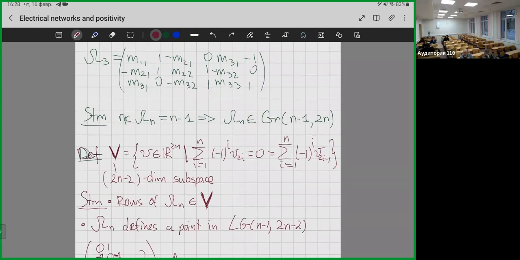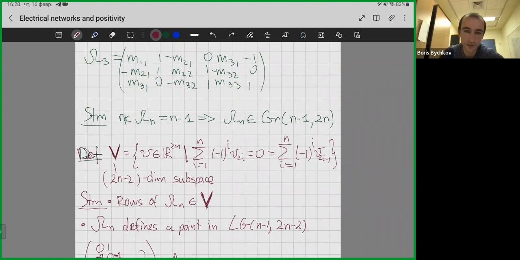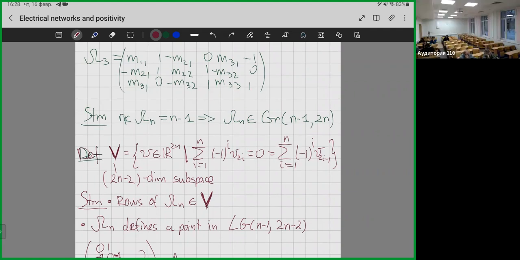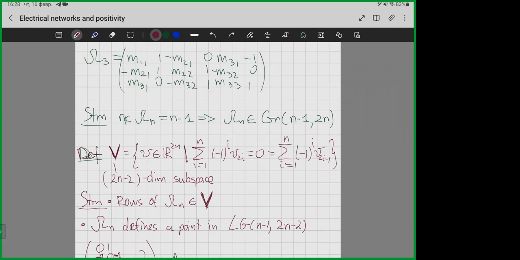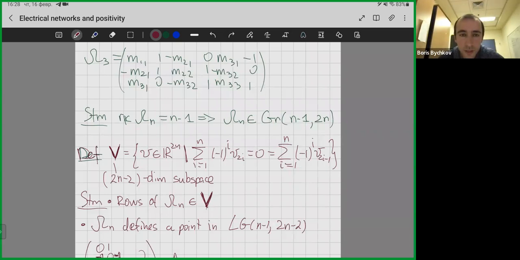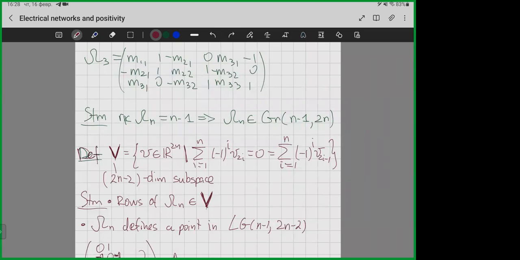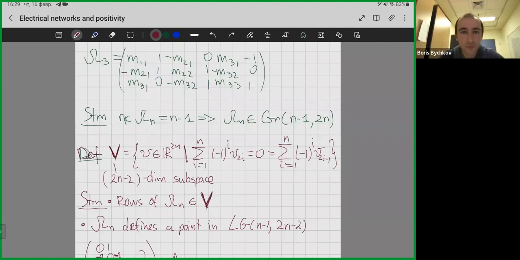For me now, an electrical network is a response matrix of the electrical network. And are we using for this statement anything but symmetry of this matrix? Symmetric and zero row sums, that's all. If I take any such matrix, I will get a Lagrangian Grassmannian point.